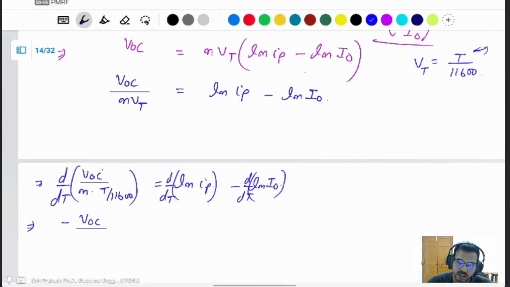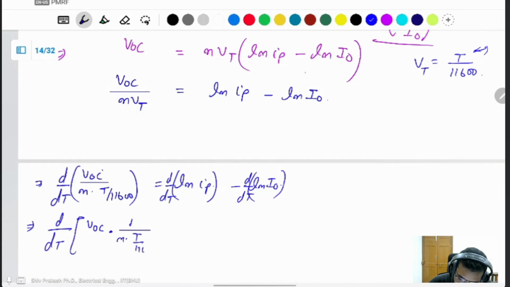You can differentiate, it will be the first and the second like that, into 1 by n into T. This one is the first term, this one is the second term.